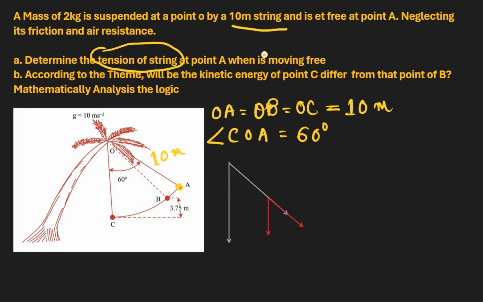To understand the concept, we have to understand the tension force. So here the weight W is equal to mg, and obviously this is the point A, let's say.